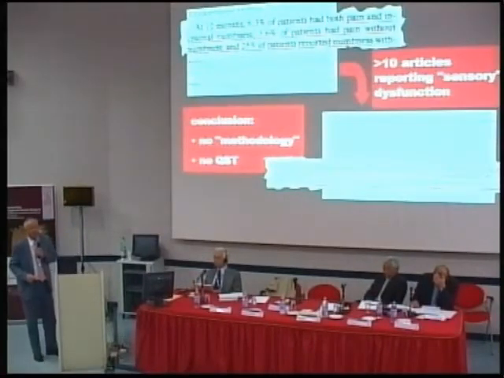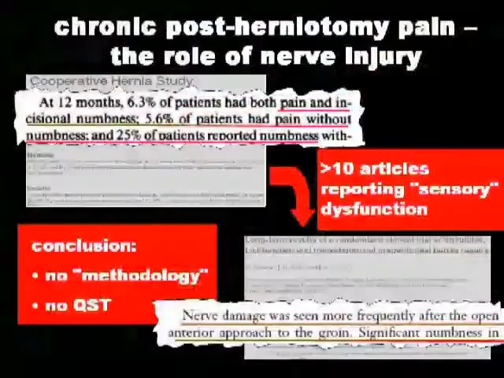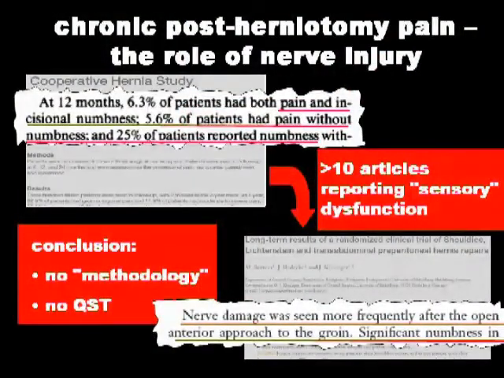So let's take a look at the hernia literature on signs of nerve damage. And the first one was really the Cunningham study many years ago. In fact, the first real study that had a focus on chronic pain. And we have at least 10 articles after that reporting some numbness or sensory dysfunction. And the problem is that not a single one of these reports has a very detailed methodology section.